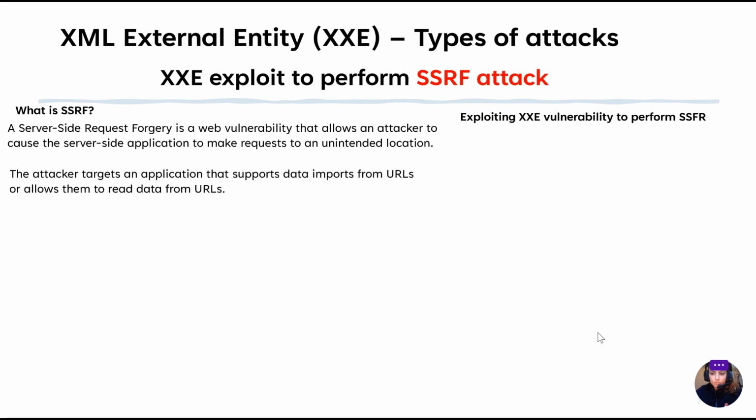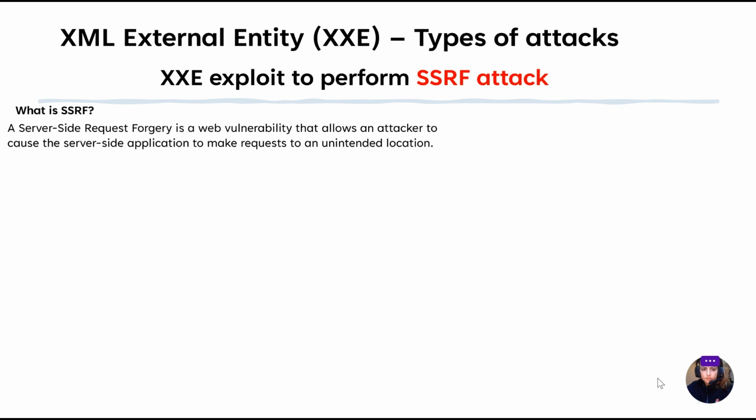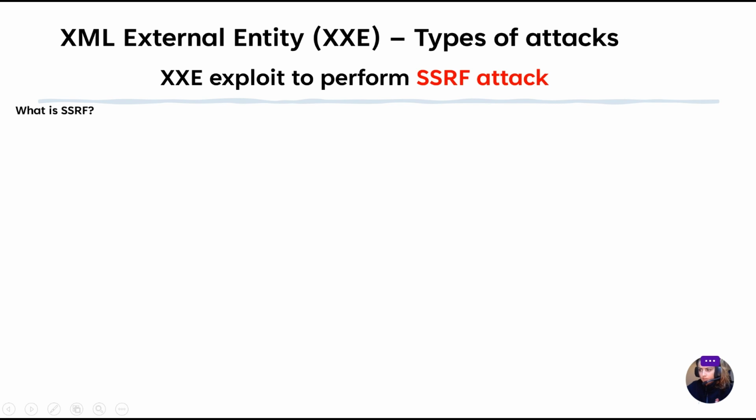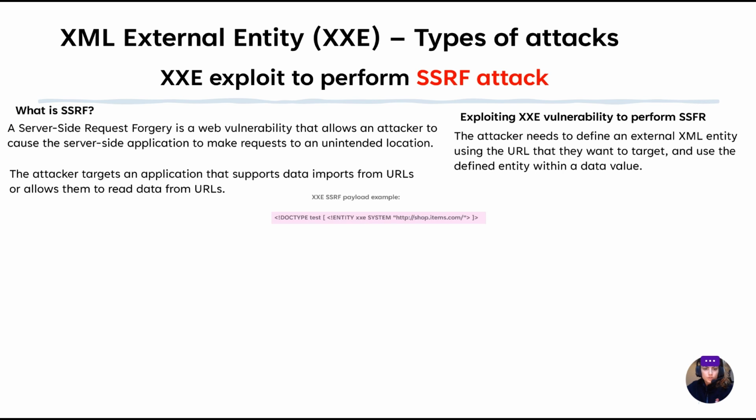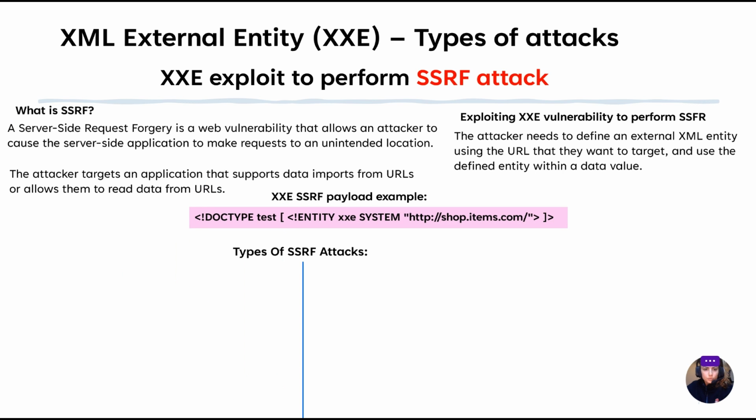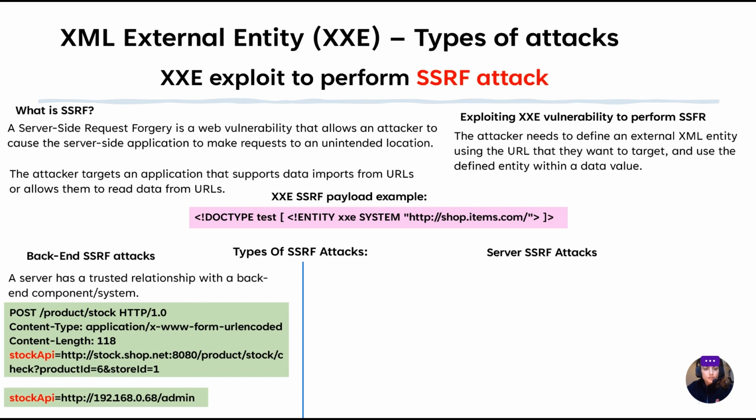Let's move on to a very quick recap of what we've done. We discussed the backend server-side request forgery. As we said, the server behind the web application has a trusted relationship with the backend component, which in our case was the one ending in .110.